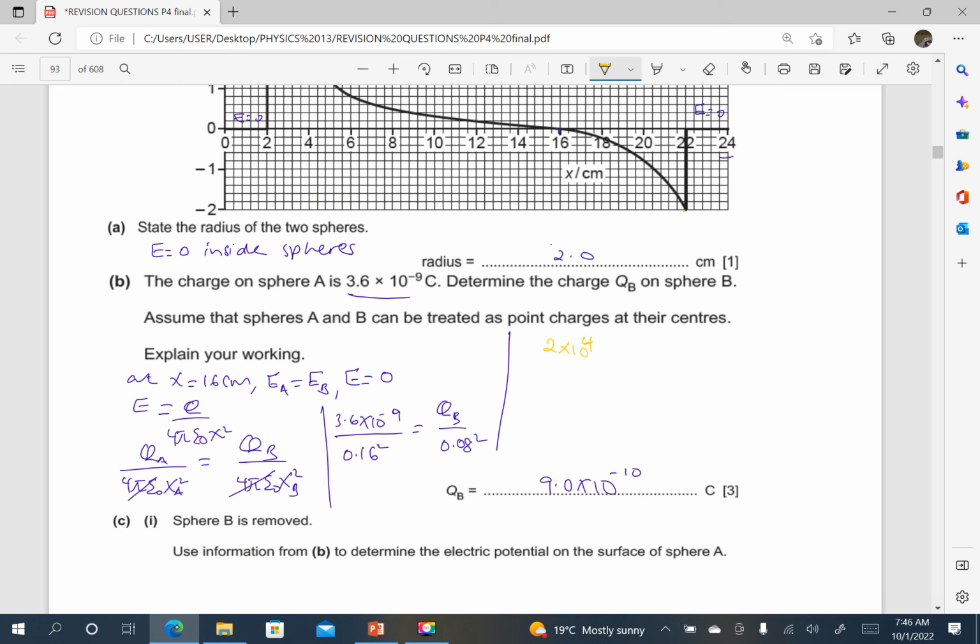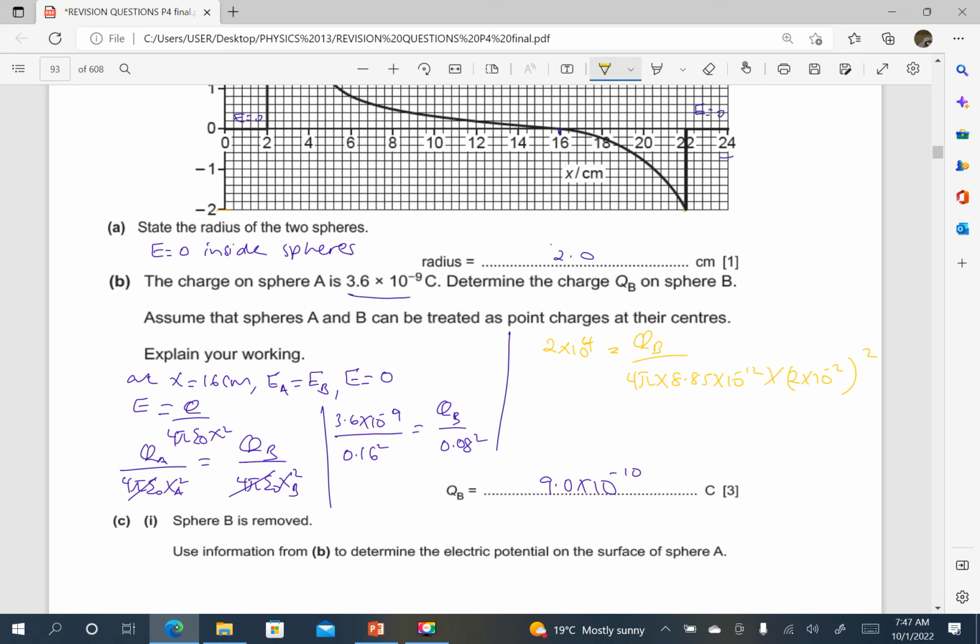That is E on the surface, and this should be equal to the charge on the surface divided by 4 pi times epsilon naught, which is 8.85 times 10 power negative 12, times the radius, which is 2 times 10 power negative 2, squared. We can check if it gives us the same answer, because we want the charge on the sphere, so I can use its radius.